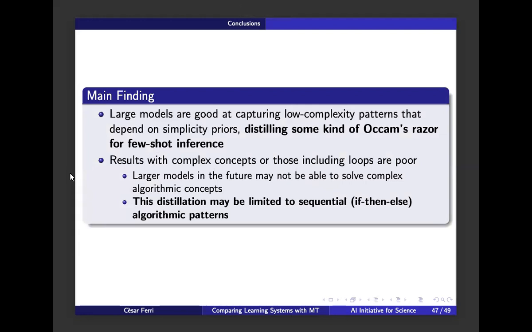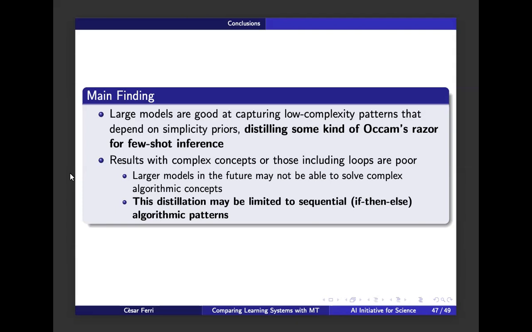Our main finding is that large language models are quite good at computing low complexity patterns and depend on specific priors, distilling some kind of Occam's razor. Do you know this concept?